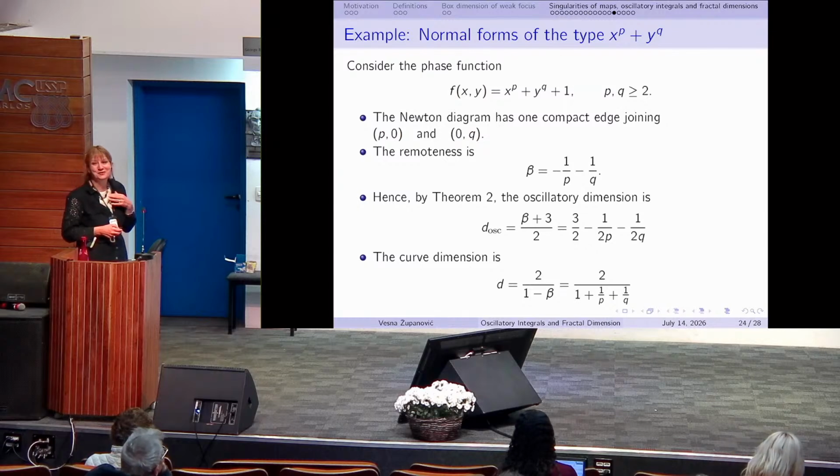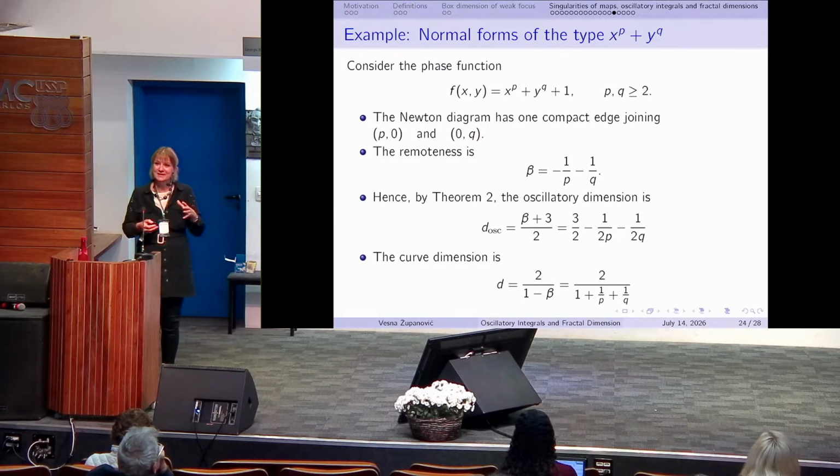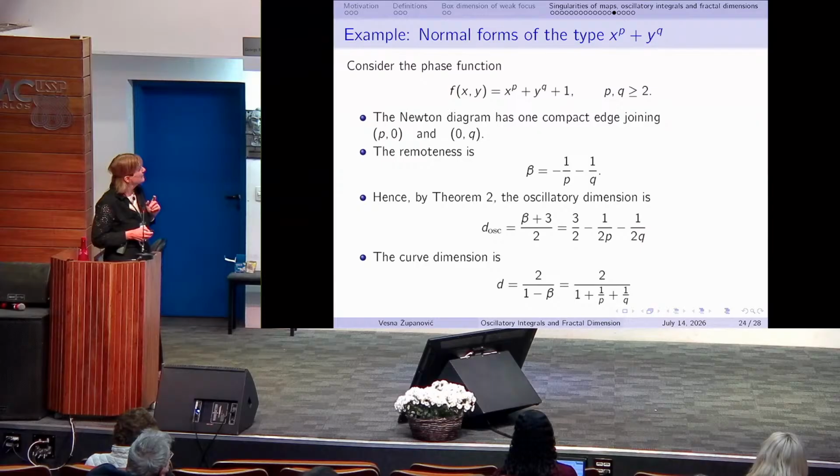And also another example. But here there are two parameters, of course, so we cannot directly connect multiplicity and curve dimension and oscillatory dimension, because there are two parameters here.